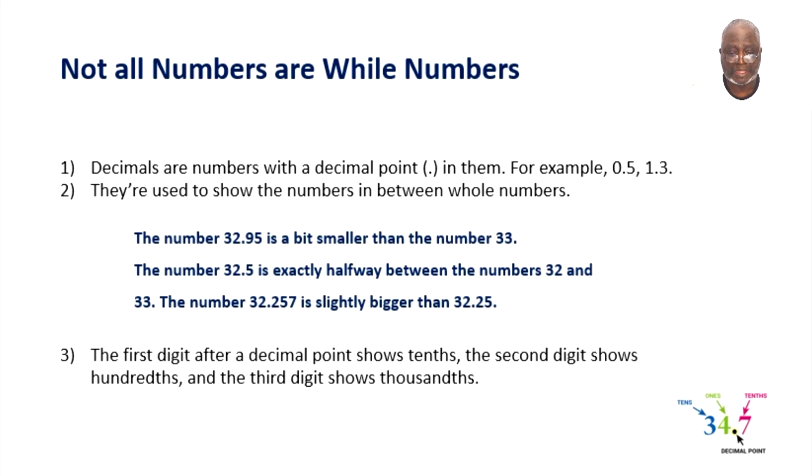You notice that as the number of decimal places extends, the differences get smaller. The first digit after a decimal point shows tenths, the second digit shows hundredths, and the third digit shows thousandths.